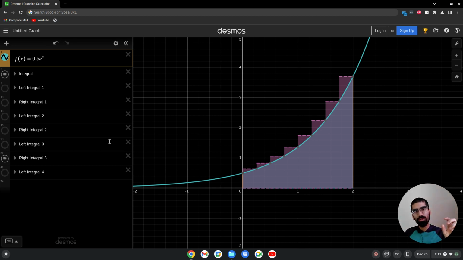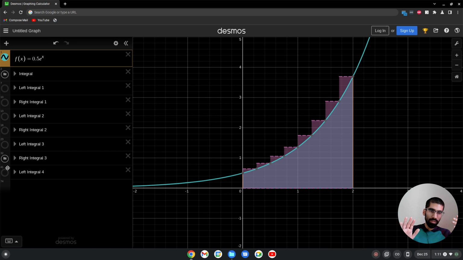With the left integral, for each of these rectangles, we're taking the left-hand corner, and then we raise the height of the rectangle until that left-hand corner is touching the curve. For the right-hand integral, for each of these smaller rectangles, we raise the rectangle until the right-hand corner is touching the curve.